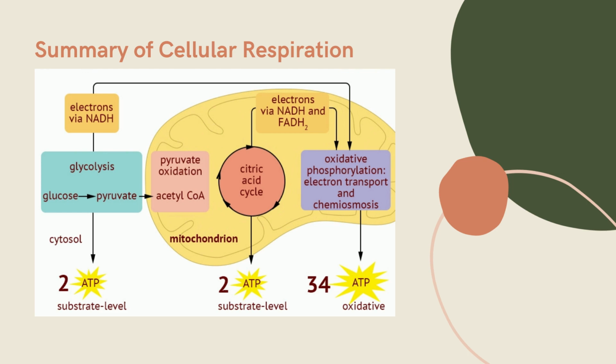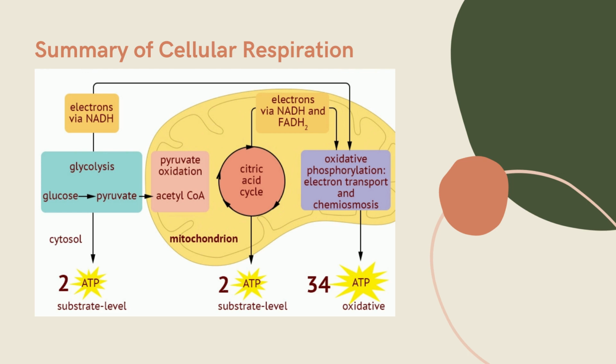So the final form of this Krebs cycle is ready to be combined again with acetyl CoA for the next process. So it is a cycle. Six, five, four, and then this four carbon compound will be readily combined with acetyl CoA for the next Krebs cycle. The overall Krebs cycle will yield us 2 ATP.